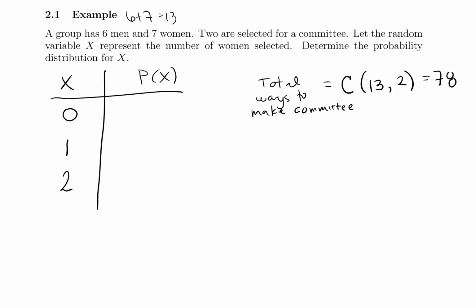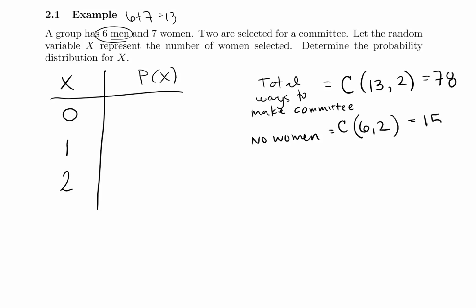Now, let's see, how many ways can we pick a committee with no women on it? If there are no women on that committee, then that means we only selected people from the 6 men, right? We completely ignored the women. So from the 6 men, we chose 2 of them. And again, there's no ordering, so this would be a combination of 6 into 2.